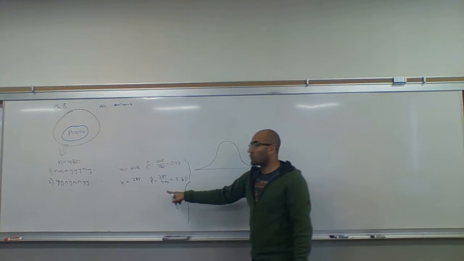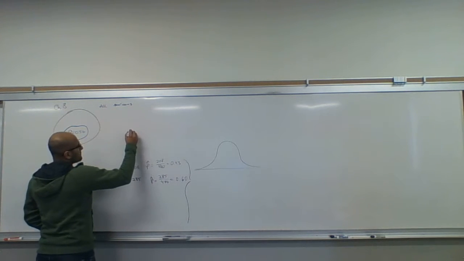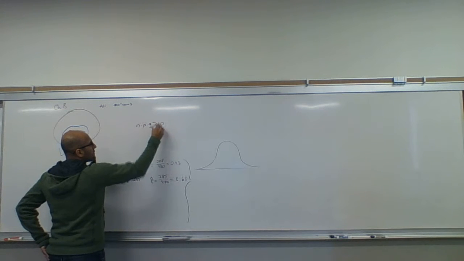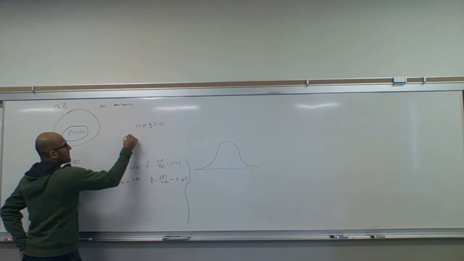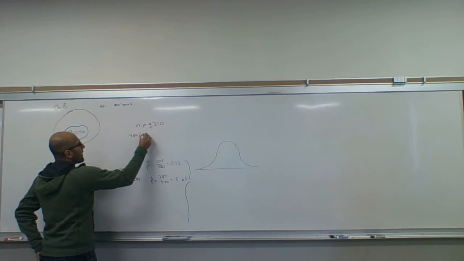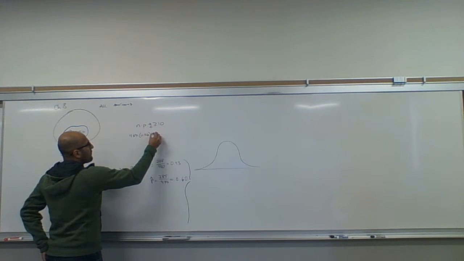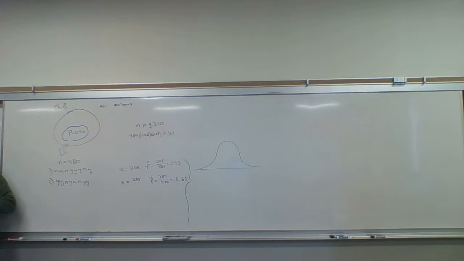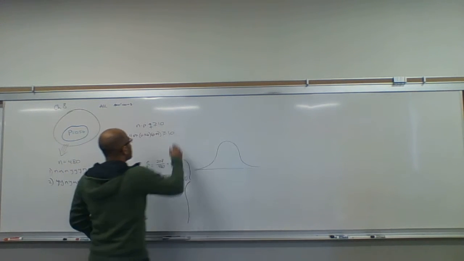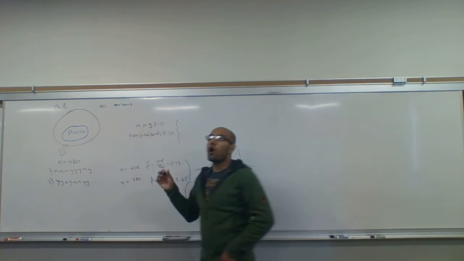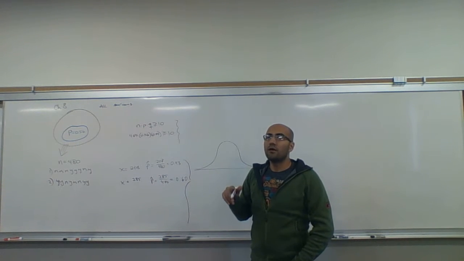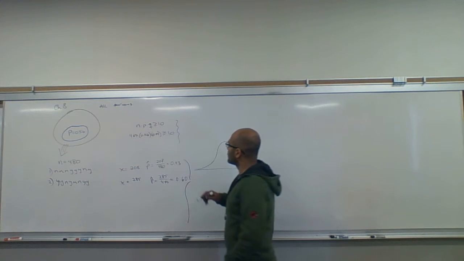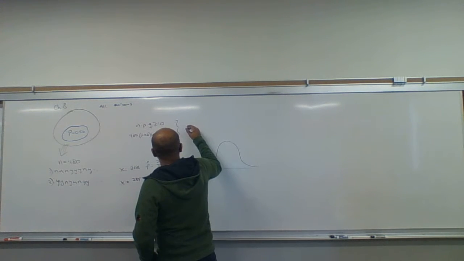Under certain conditions. What are the conditions? The sample size is big enough. npq has to be greater than or equal to 10, which in this case is 480 times 0.56 times 0.44, and that is going to be greater than 10. So we're okay there. The other condition is that our sample size must be smaller than 5% of the population, otherwise we get into a conditional probability situation that we want to avoid.